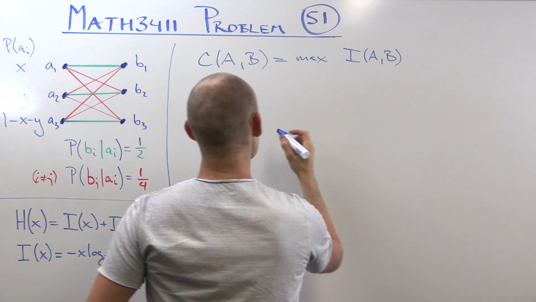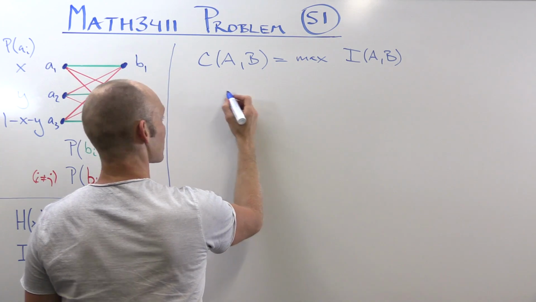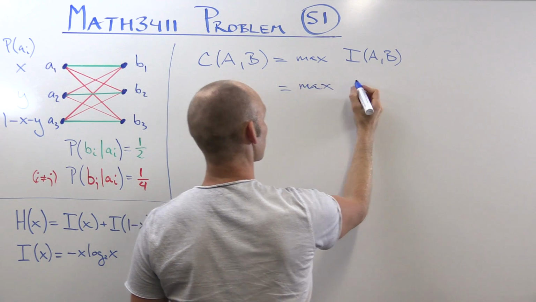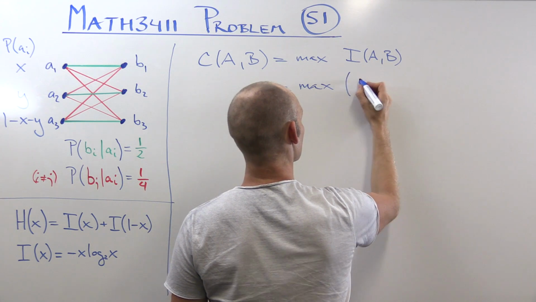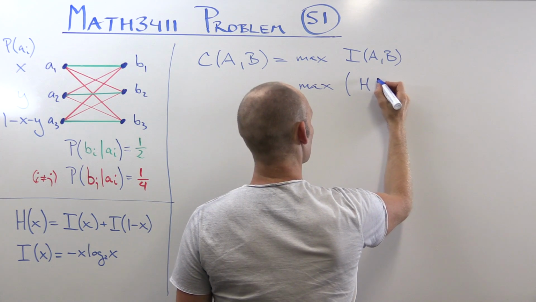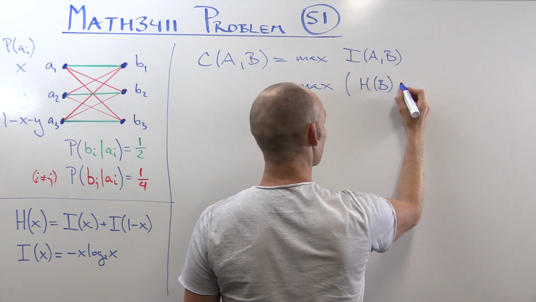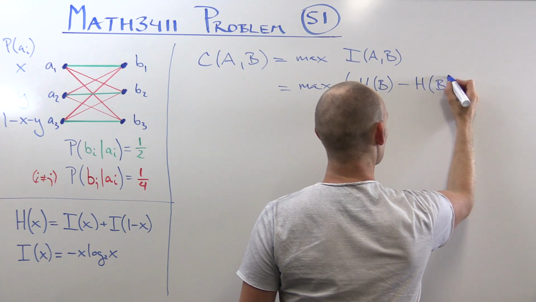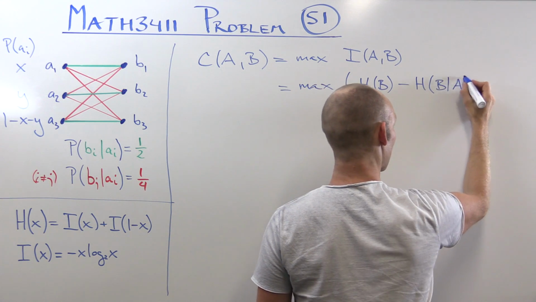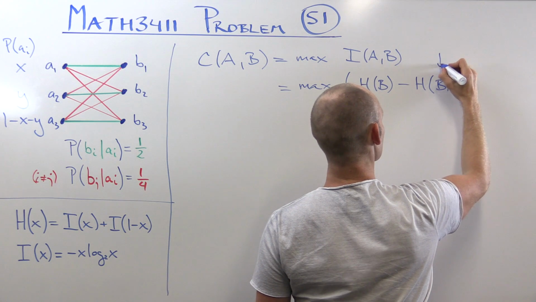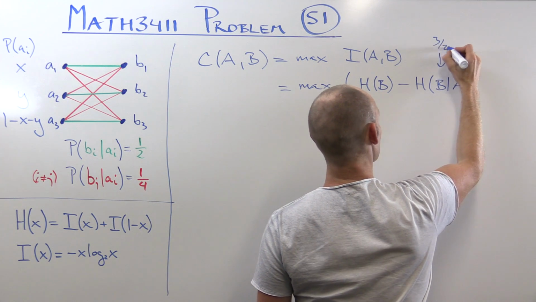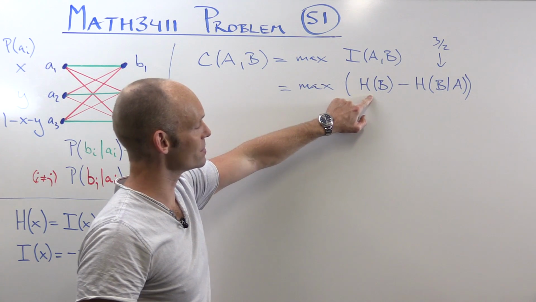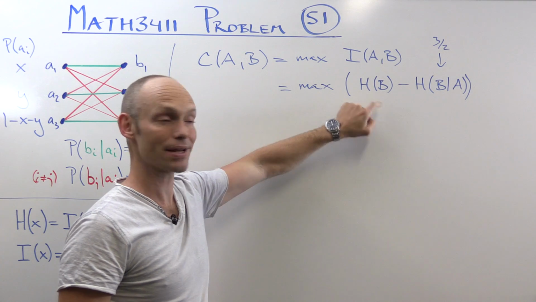So, in order to do that, we can note that this is equal to the maximal value of the entropy of B minus the conditional entropy of B given A, and we know what that's equal to. That's still 2/3. So we just have to maximize the entropy of B and we're done.